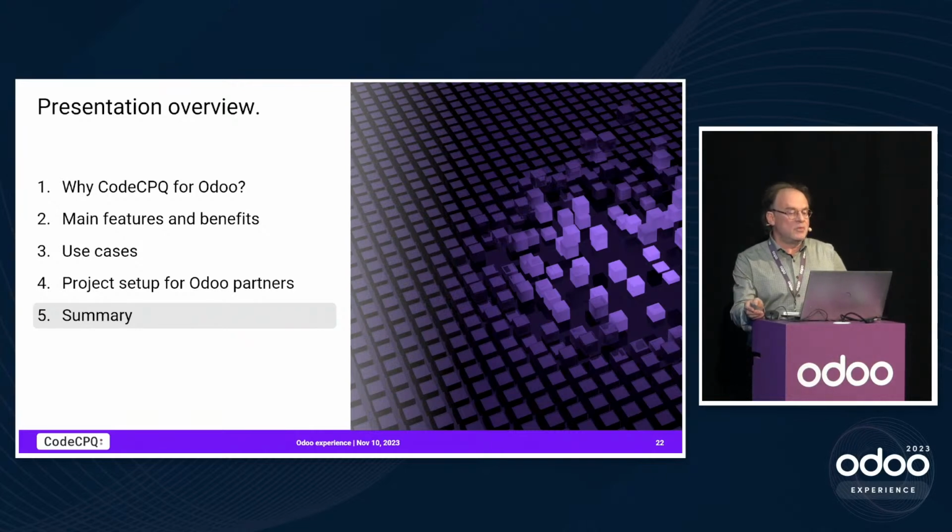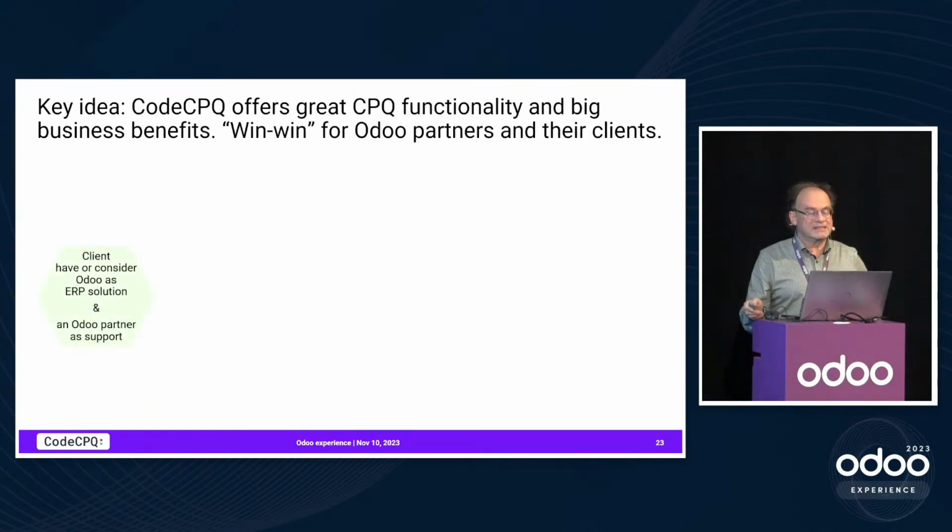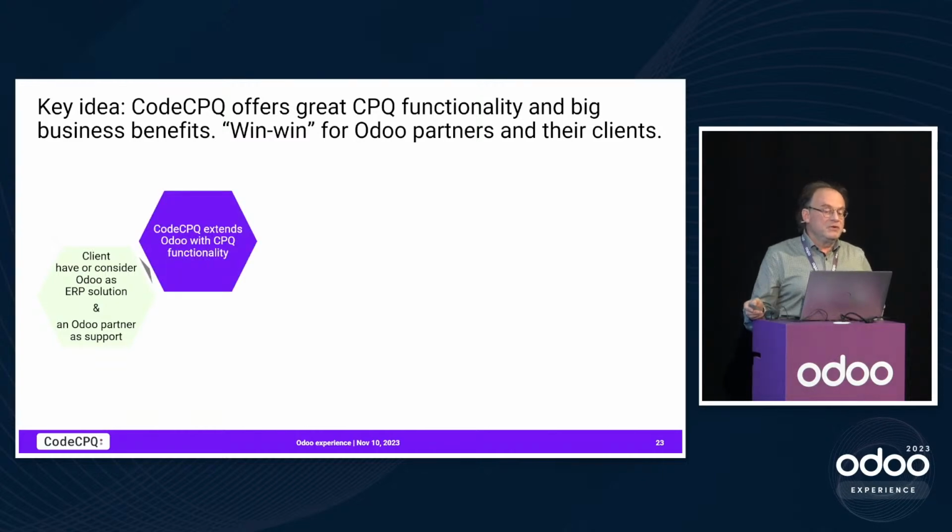The CodeCPQ module is a great opportunity for Odoo partners to achieve a win-win situation with their customers. Is your customer already using Odoo or is looking for an Odoo partner? CodeCPQ extends the functionality of Odoo and therefore a good argument for Odoo as an ERP solution.